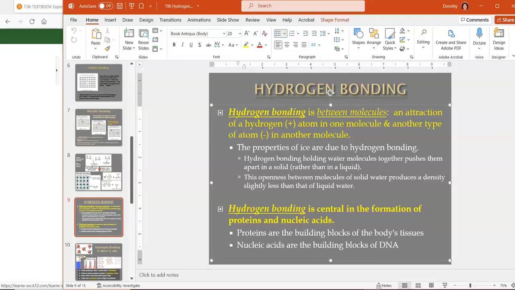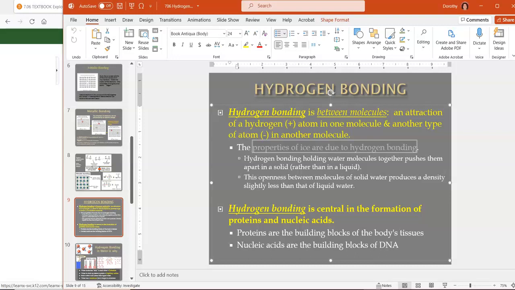Well, those positive hydrogens get attracted to polar molecules that are around them, including other water molecules. So the properties of ice are due to hydrogen bonding. Think about it. Ice floats in water.